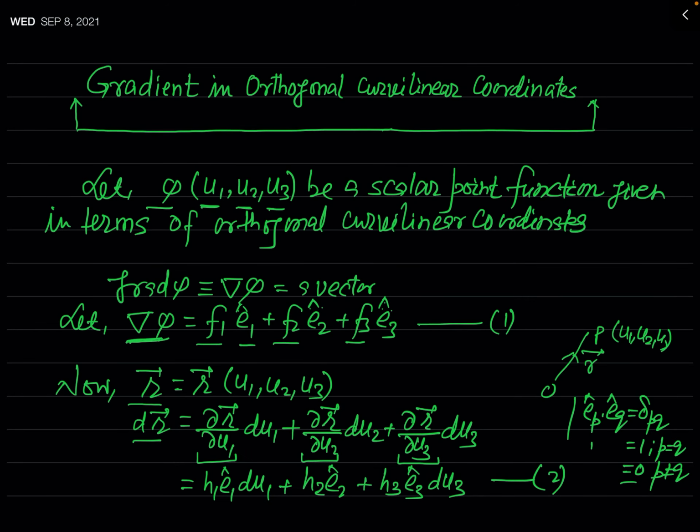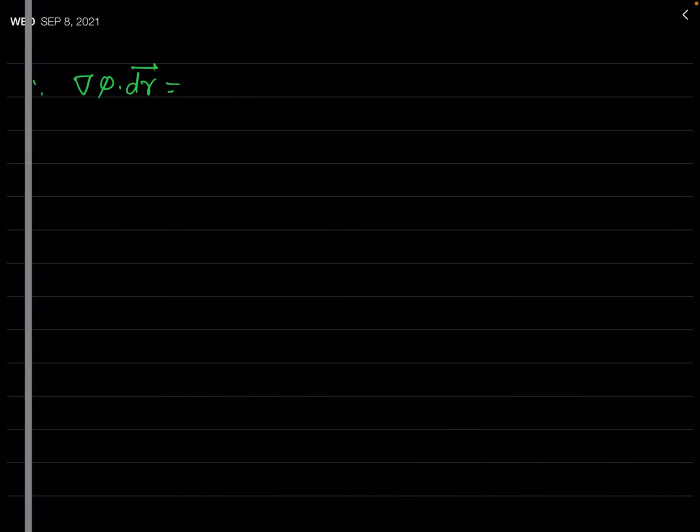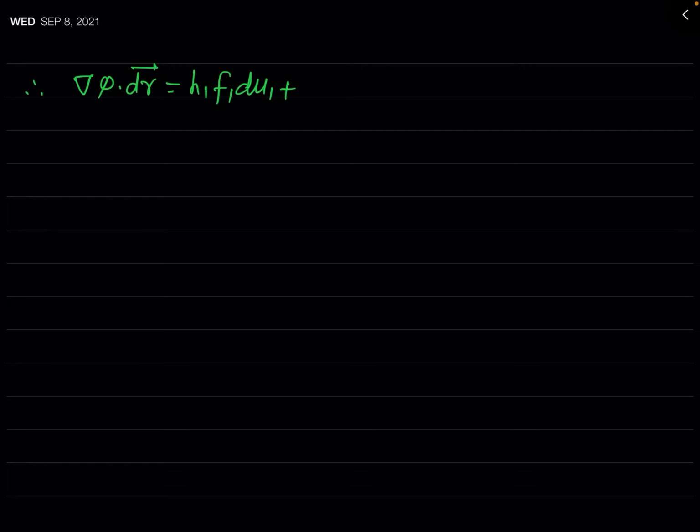Therefore, ∇φ dot dr, according to this result for the orthogonal curvilinear coordinate system, will be equal to simply h1 f1 du1 plus h2 f2 du2 plus h3 f3 du3.